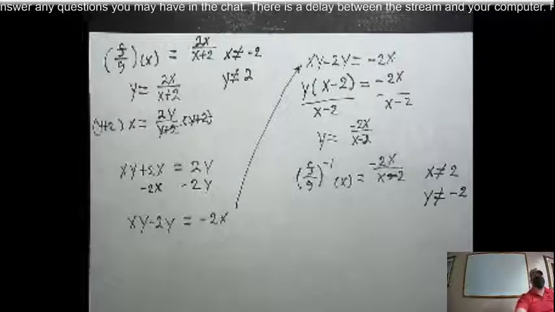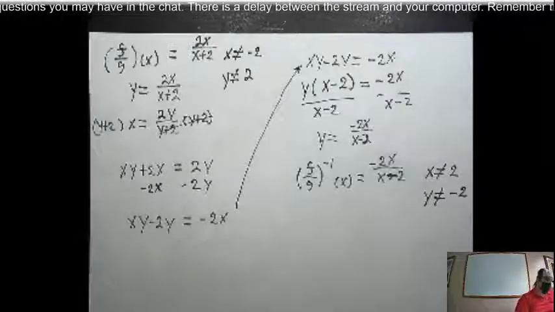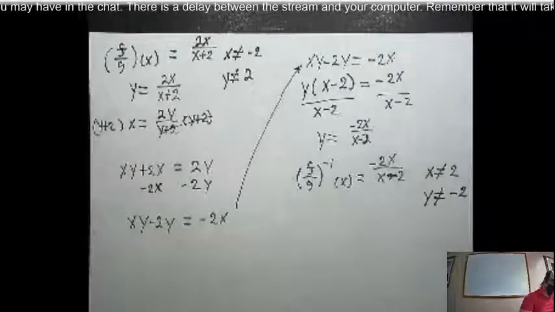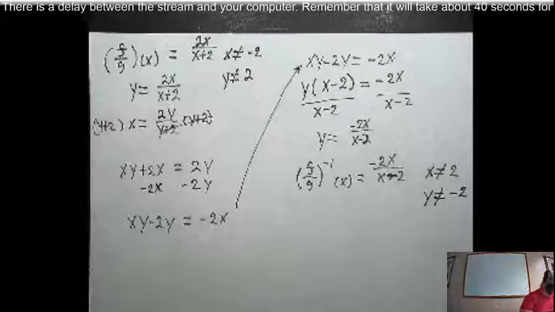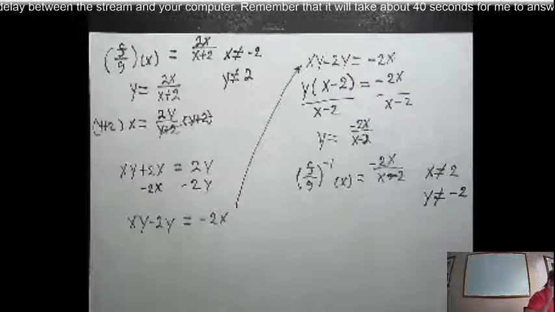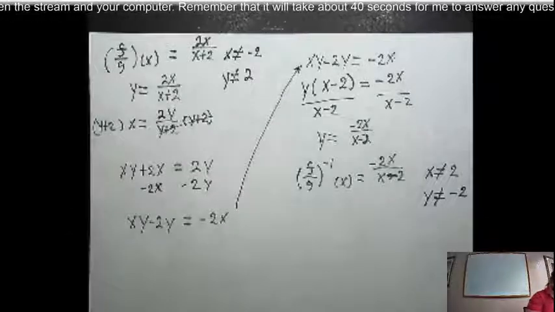So let's see what this looks like on our graph. My original function is 2x over x plus 2.